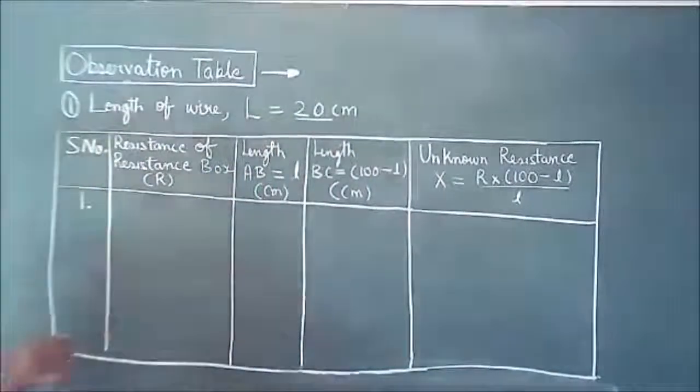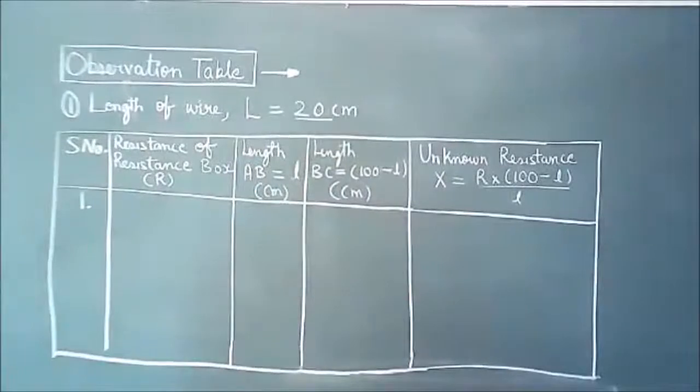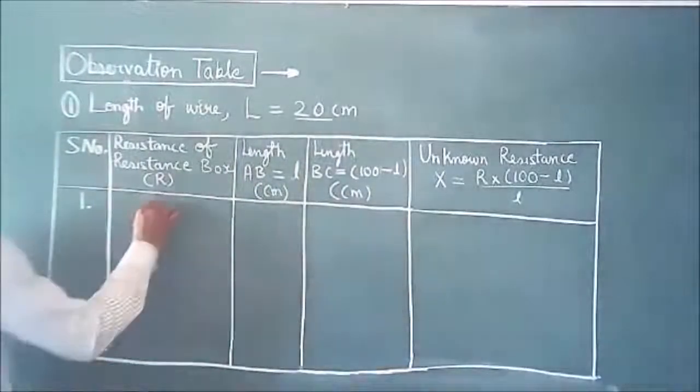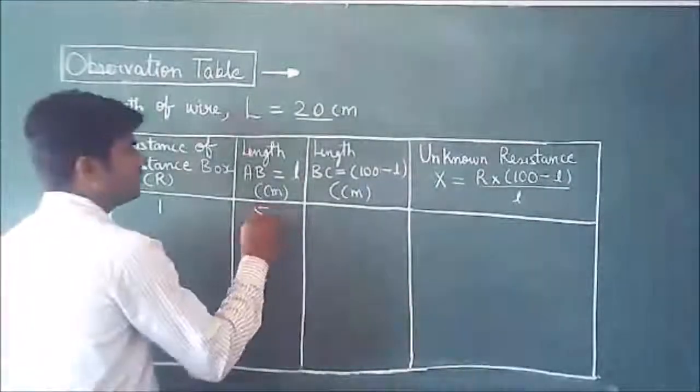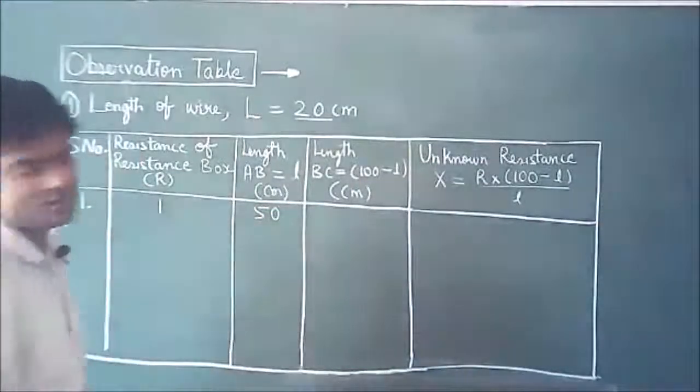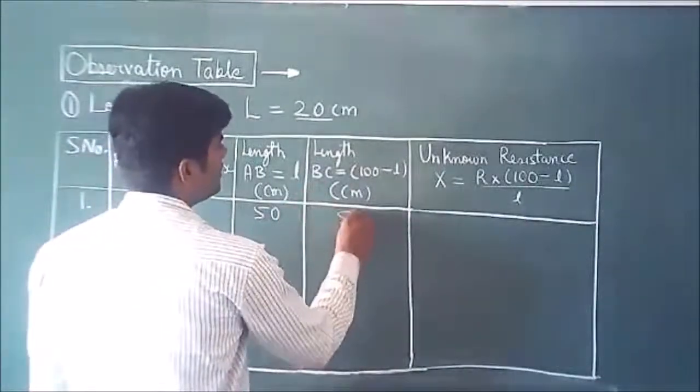First reading: resistance box R is 1 ohm, length AB was 50, and length BC is equal to 50.